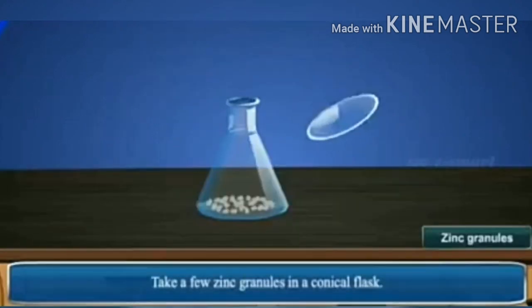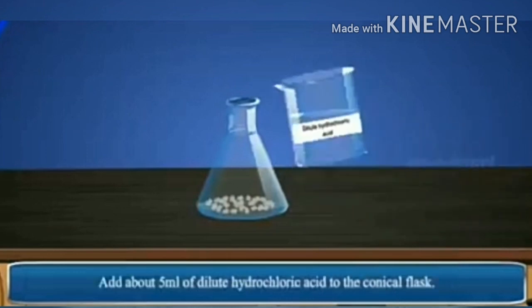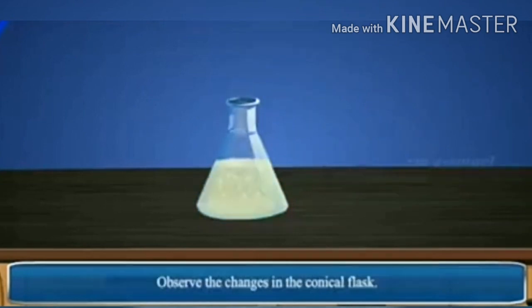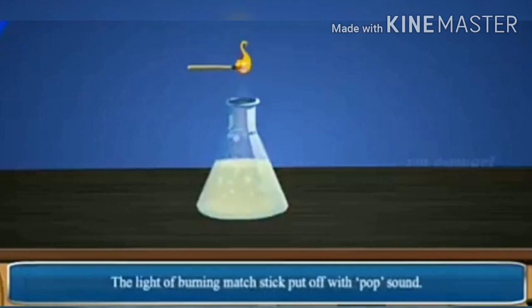One more activity. Take a few zinc granules in a conical flask. Add about 5 ml of dilute hydrochloric acid to the conical flask. Observe the changes in the conical flask. Keep a burning matchstick near the mouth of the conical flask.